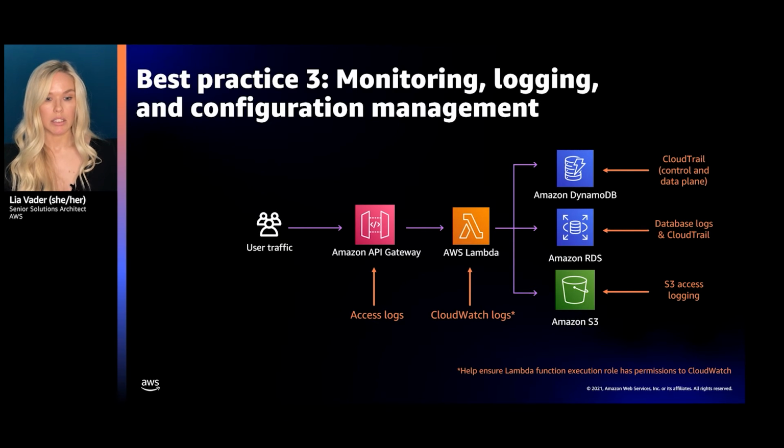Lambda automatically sends logs to CloudWatch, which is why you need to have permissions in your execution role for CloudWatch. DynamoDB, you interact with via API, so logging there is via CloudTrail. RDS supplies database logs and also supports CloudTrail, and S3 supports access logging.